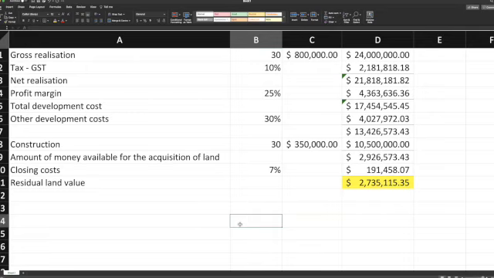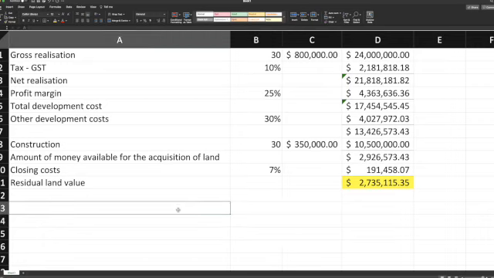which is getting some real information and undertaking some due diligence and doing a static feasibility to try and prove up the number of 2.735. This form of feasibility is very simple. It's only a guide. Do not purchase a site based on this. So I'm just going to write that here.